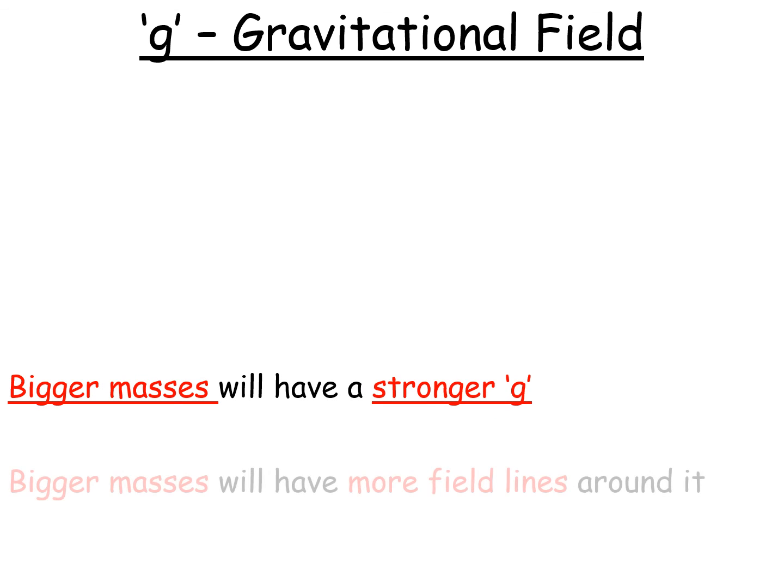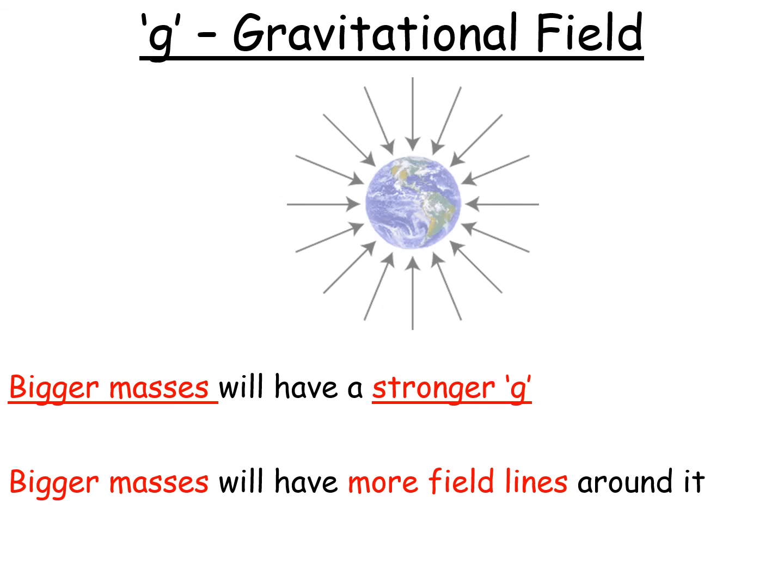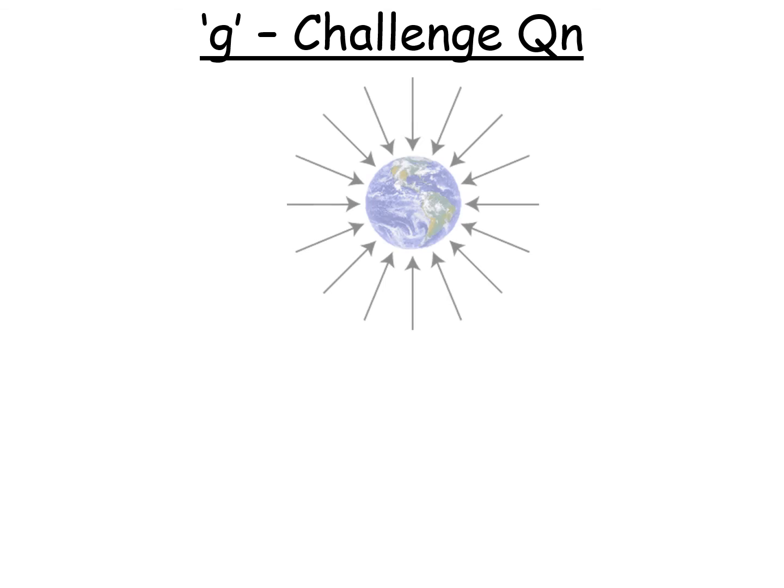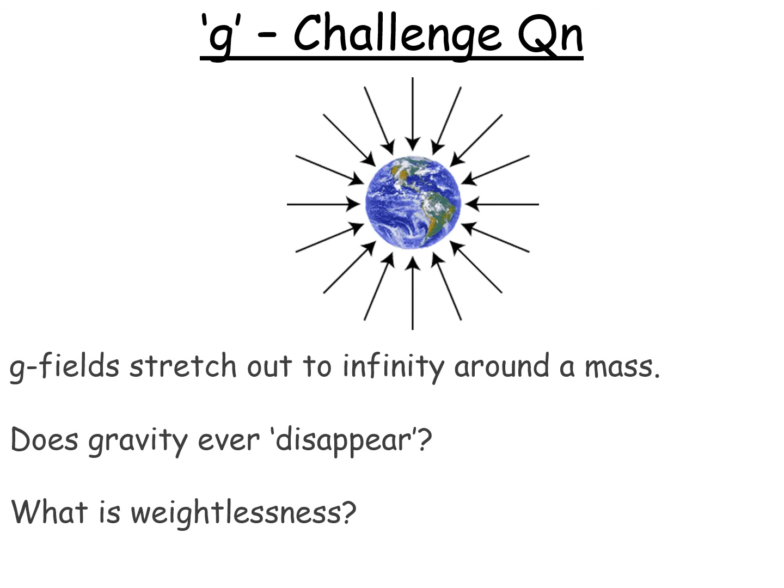So just to summarize that, bigger masses will have a stronger G, bigger masses will have more field lines around it. So the more field lines there are, the stronger the G. And again, if you could add this to your notes, maybe draw this diagram again so that you can see more field lines means a stronger G. So just to get you to think about it a wee bit more, G fields, these gravitational field lines, stretch out to infinity.